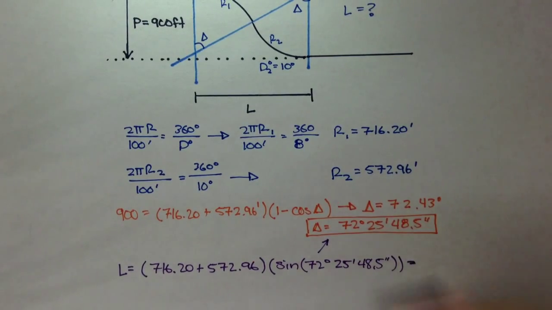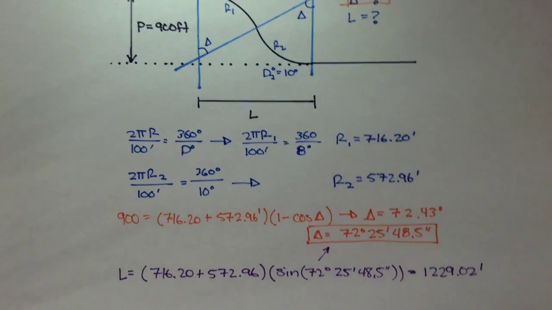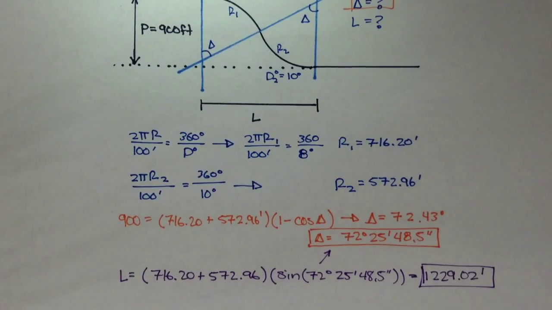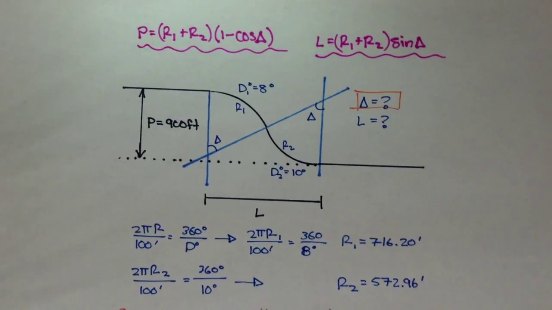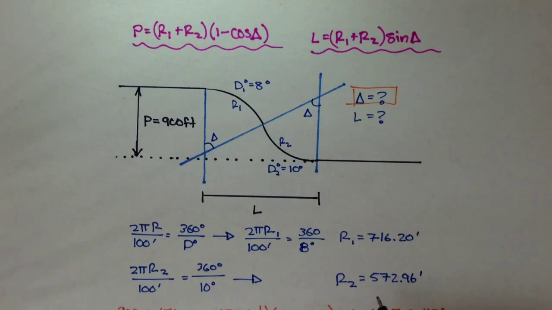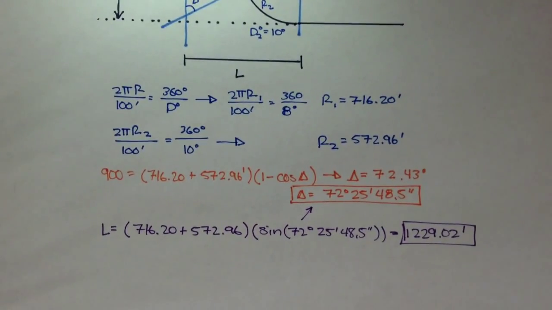And if we plug this into our calculator, we should get L is equal to 1,229.02 feet. Okay, so we used what we knew about reverse compound curves to figure out what the interior angle for both of these curves is, and we figured out what the transition length is. And those answers are right here.